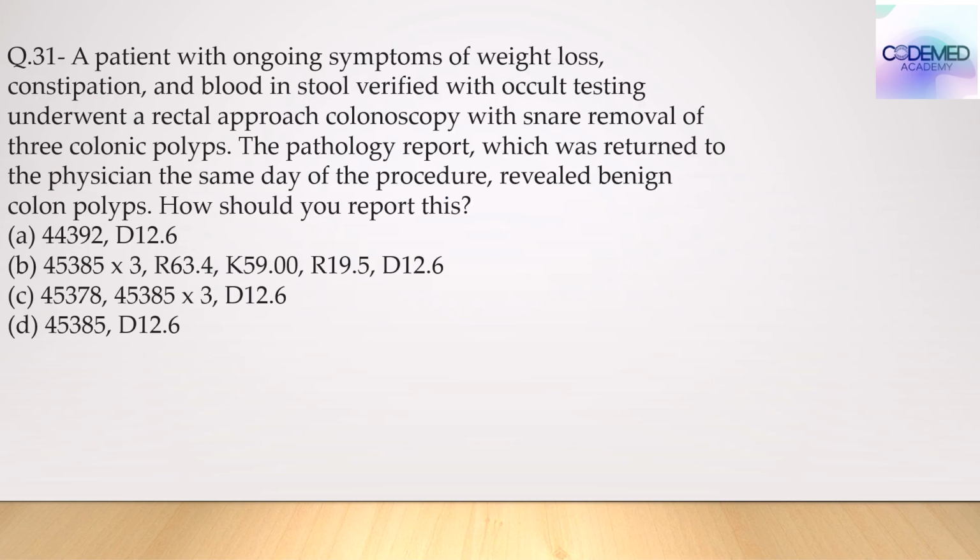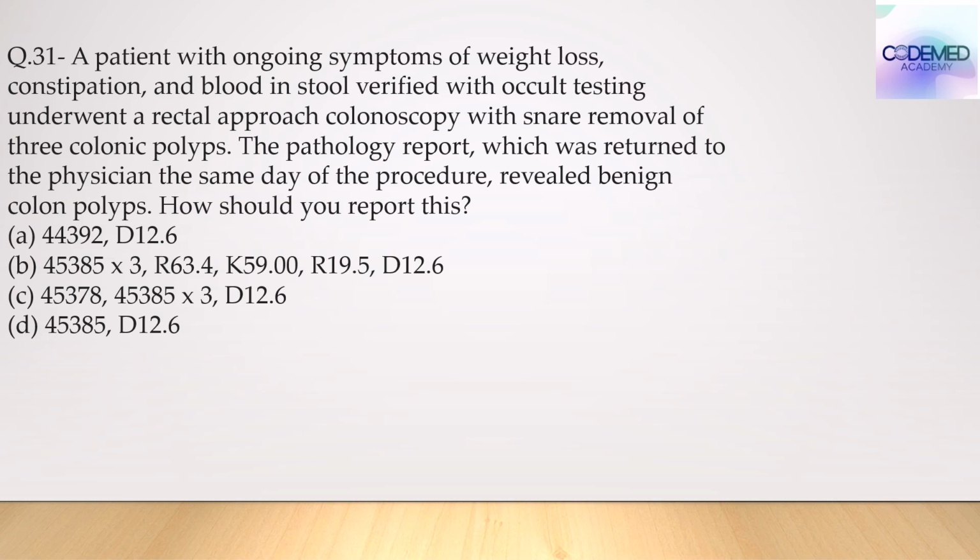So let us take this last slide. In this case, it's a patient with ongoing symptoms of weight loss, constipation, and blood in the stool verified with occult testing, who underwent a rectal approach colonoscopy with snare removal of 3 colonic polyps. The pathology report, which was returned to the physician the same day of the procedure, revealed benign colon polyp. How should you report this procedure? So what is the data?